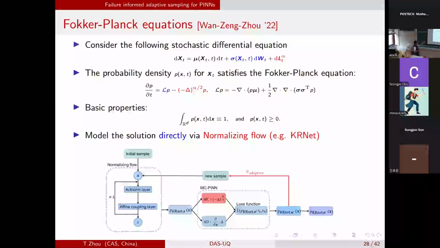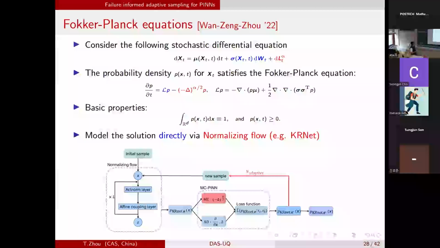This is the last example. This is the Fokker-Planck equation. It's another story. As I mentioned before, this solution itself is a density function. So you can't use a general neural network to approximate the solution. You can't use a normal, fully connected neural network to approximate it, because the solution is a density function.